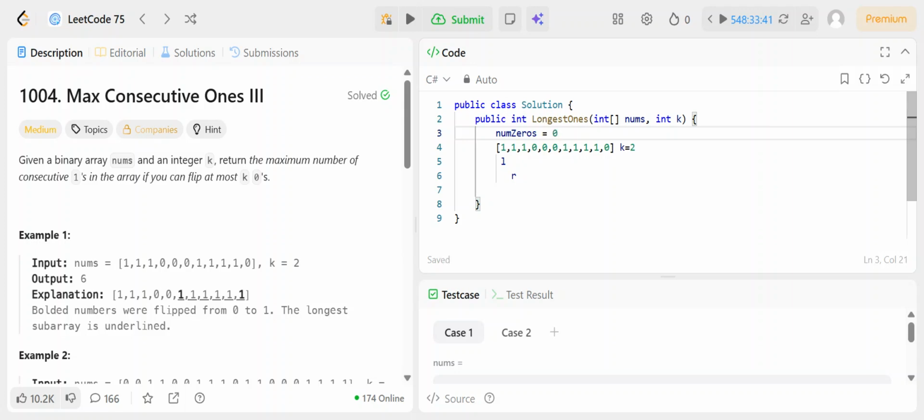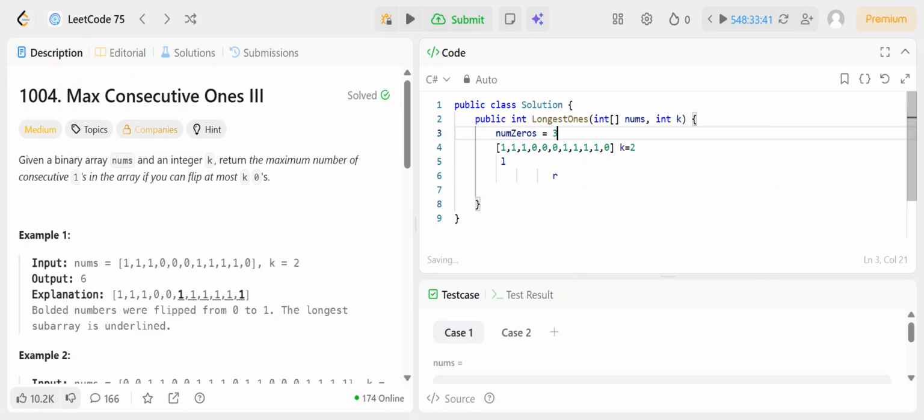So now it's initialized to 0. Let's say we move to the third index, then we will increase this value to 1, and again we move to the fourth index, it becomes 2, and moving to the fifth index it becomes 3.